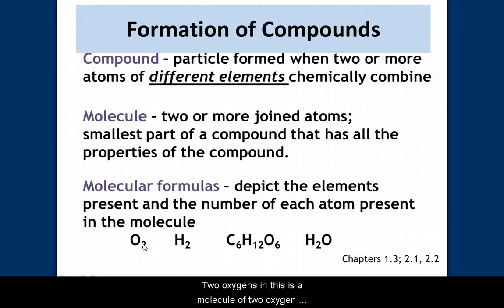Two oxygens, and this is a molecule of two oxygen atoms, two hydrogen atoms, with carbon here in this glucose, 6 carbons, 12 hydrogens, and 6 oxygens. For this water, 2 hydrogens to 1 oxygen is the ratio here. These are called molecular formulas.